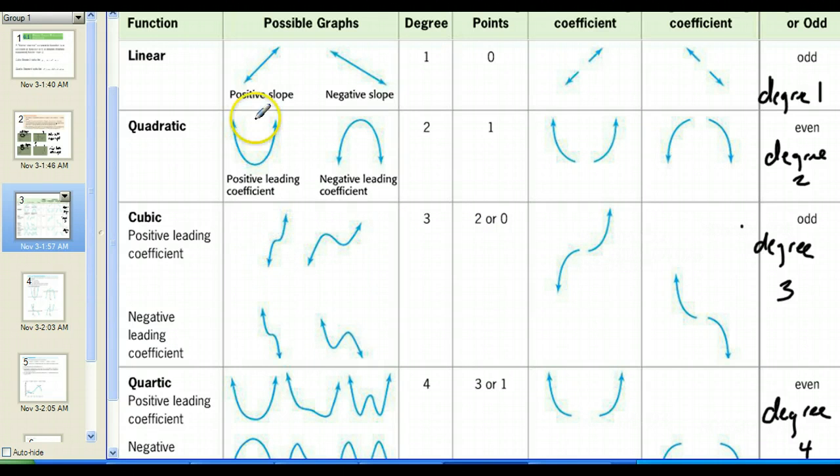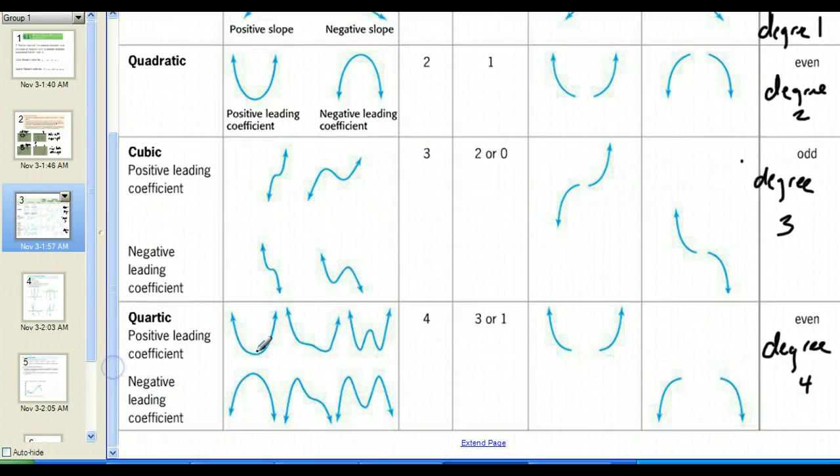It's not straight. So if it has no turning points, it doesn't mean it's going to look like a line. This is what it means by it has no turning points: it doesn't completely change direction and turn back the other way. I just wanted to make you aware of that. And then a quartic. Again, they're saying 3 or 1.